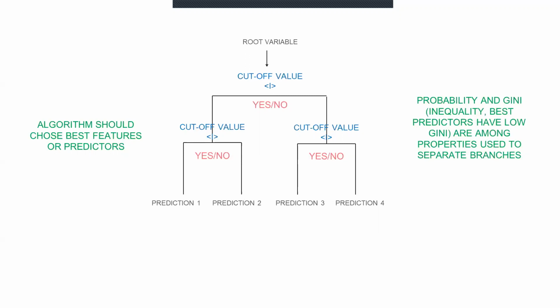We also have another term here, which is called Gini. In these semicolons, you have inequality and the fact that best predictors have low Gini. So what is Gini? Gini is actually a probability that you will have a bad predictor. It's related to the probability of having predicted.